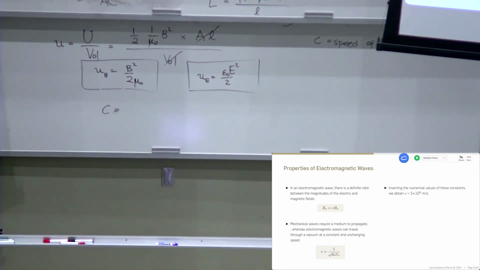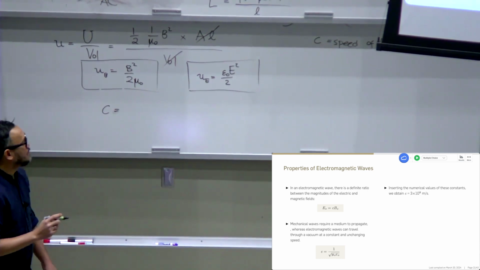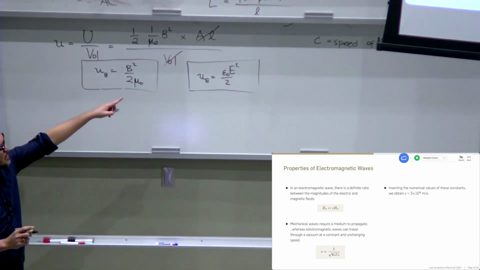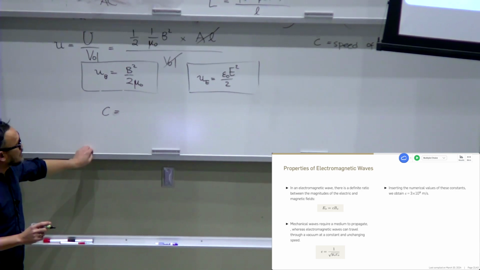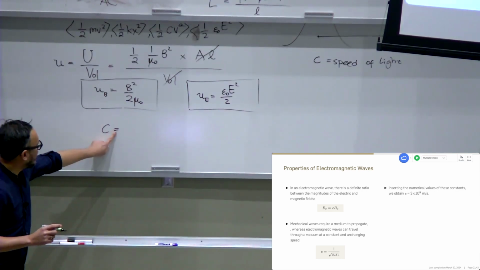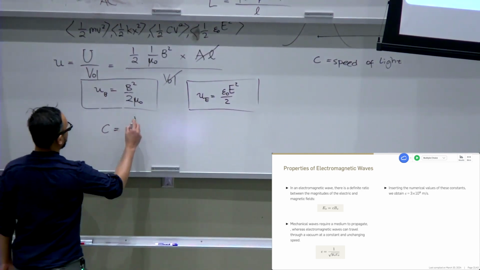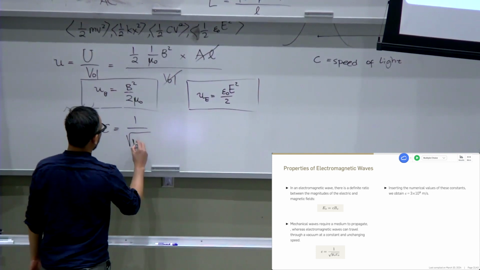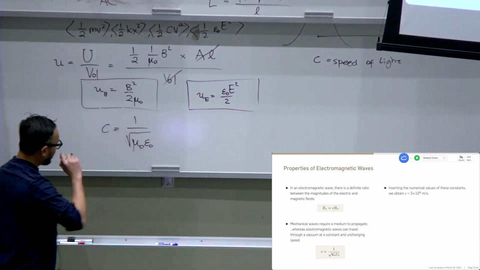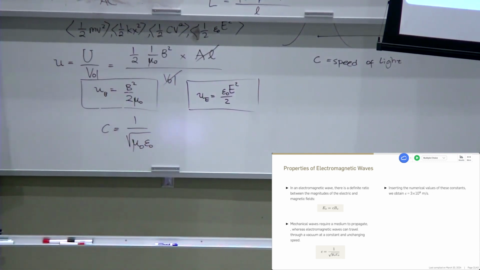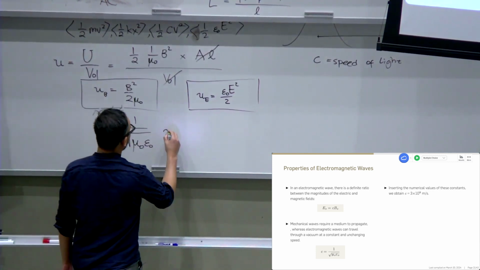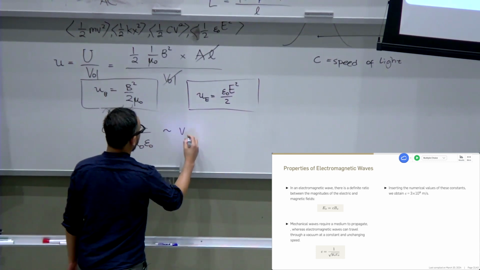Well, no, that's not true, because Rømer measured the speed of light. But basically, from his theory, he hypothesized, his conjecture is that the speed of light is 1 over square root of mu naught and epsilon naught. And this happened to be close enough to the speed that Rømer measured.